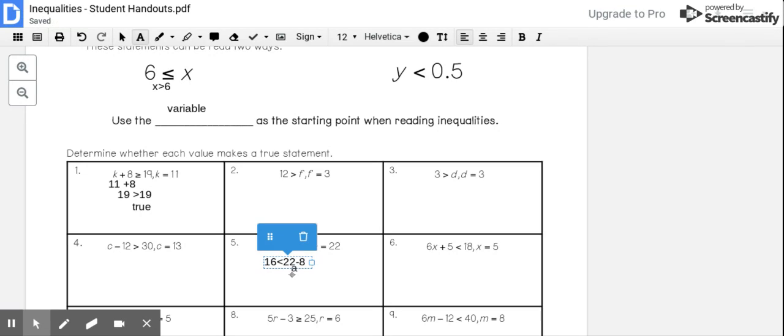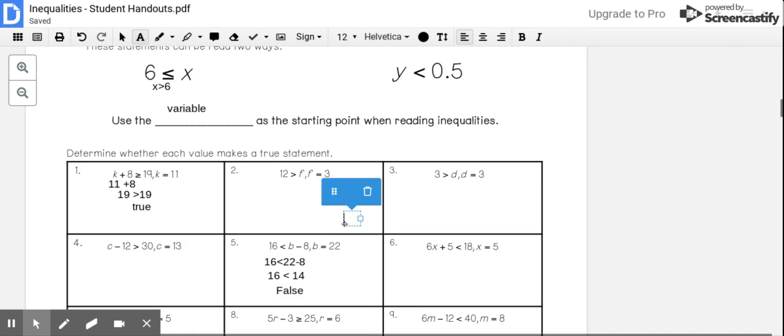And so we would go ahead and do 22 minus 8, and that would give us 14. So then you ask yourself, is 16 less than 14? And hopefully you realize that is false. So I need to see some kind of work like this, even if it's just the inequality at the end, so I know how you got your answer.